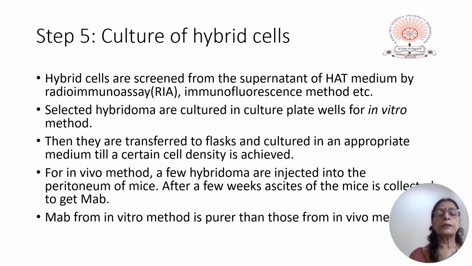In the in vivo method, a few hybridoma are injected into the peritoneum of the mouse, and after a few weeks, the ascites of the mouse are collected to get the monoclonal antibody. The in vitro method gives purer monoclonal antibody as compared to the in vivo method, because in the in vivo method, the mouse proteins may be contaminating the monoclonal antibody.